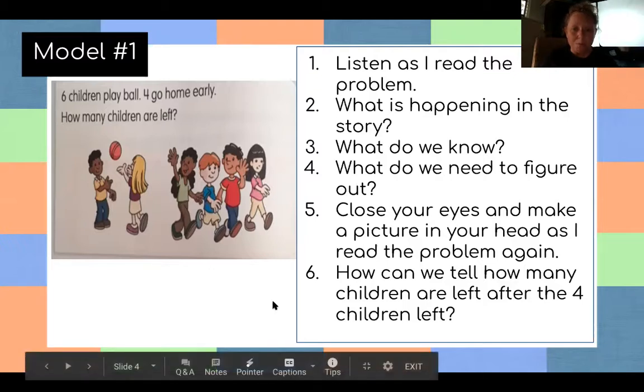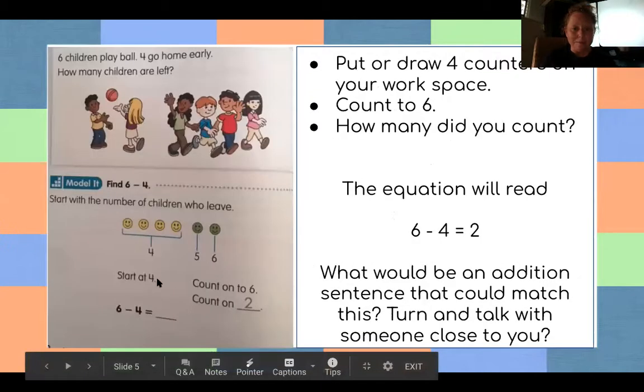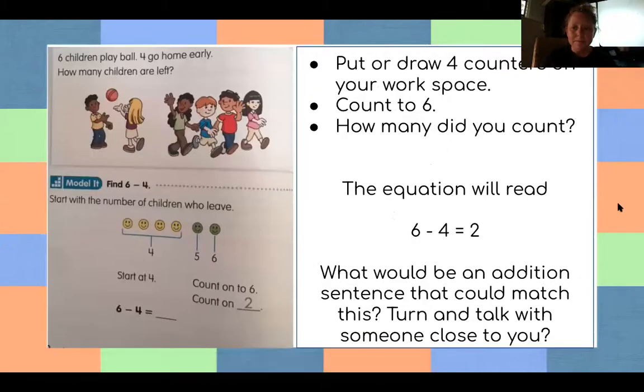I'm going to show you my thinking. So when you are working, you are going to put or draw 4 counters on your workspace because those are the children that left. And then we are going to count on to 6. 4, 5, 6.